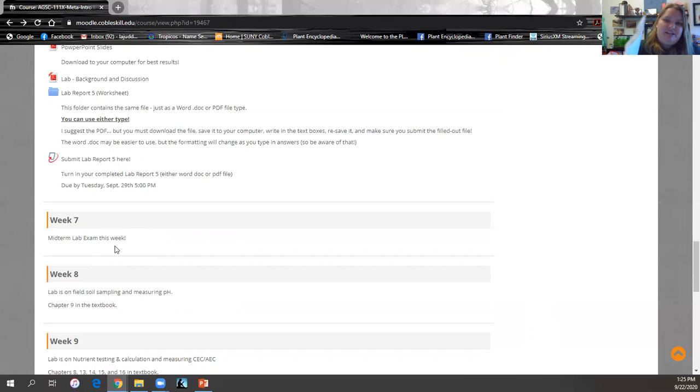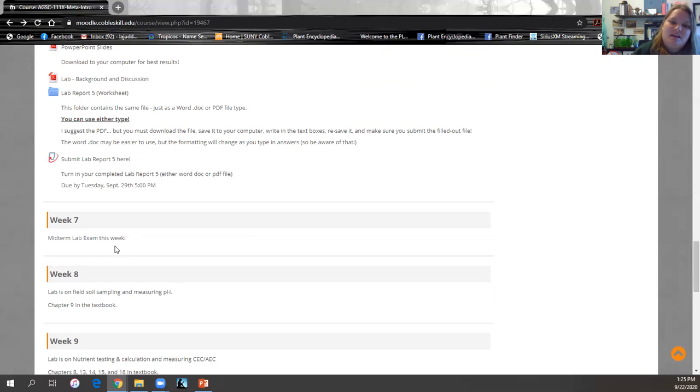It'll be a printed sheet that you're going to go through and answer questions. There could be other things there that you have to look at. There could be some soils that you have to do the texture by feel. There's going to be a lot of provided numbers, like calculations or numbers that have already been figured out by using the hydrometer or something like that.